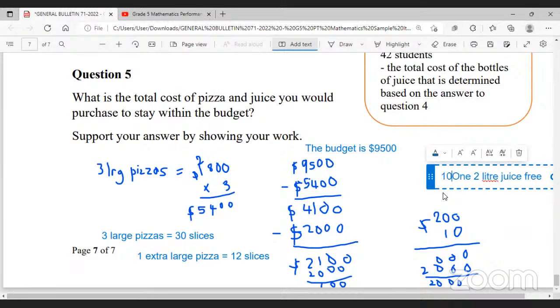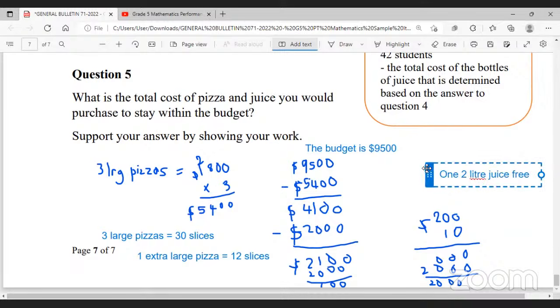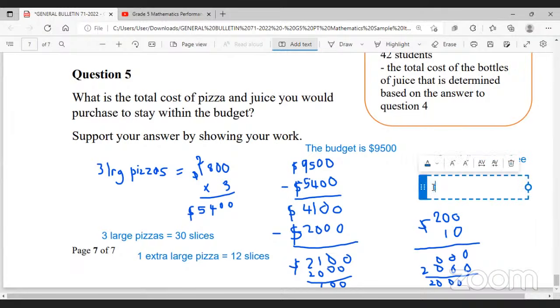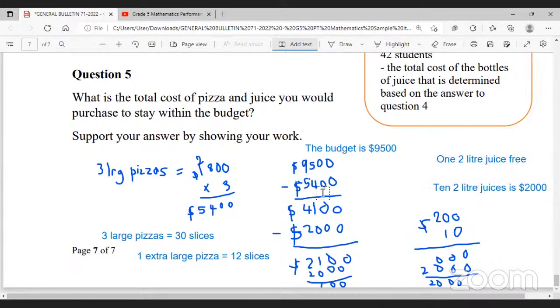I can say 10 2-liter juices is $2,000. And I could just add it to say that 3 large pizzas cost $5,400.